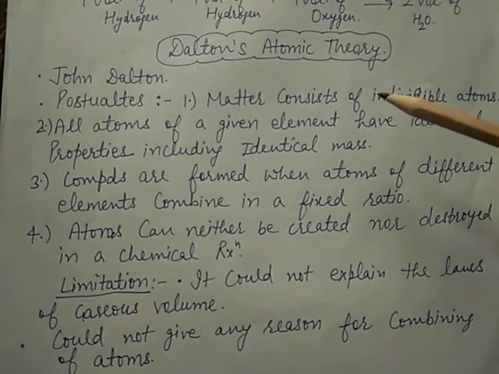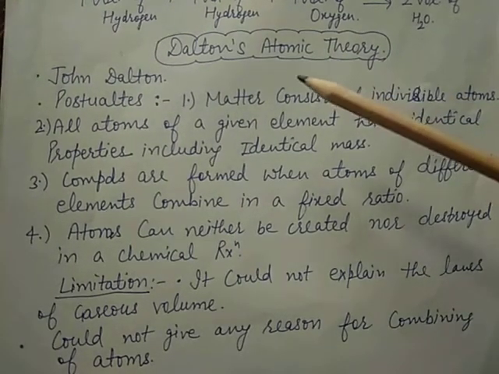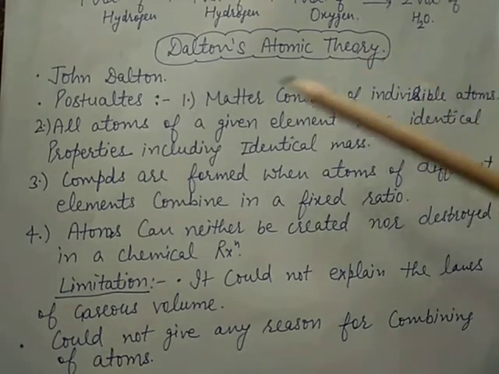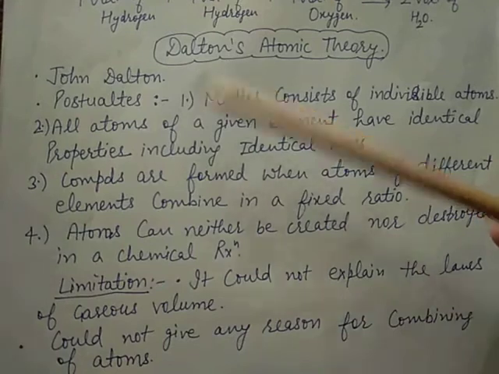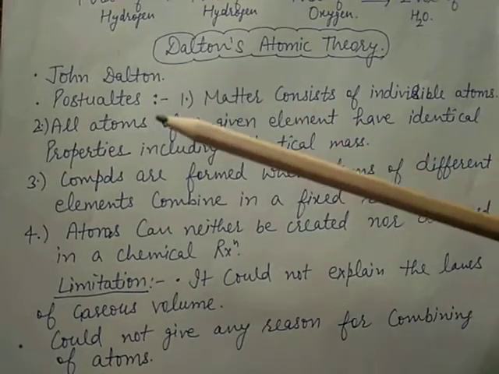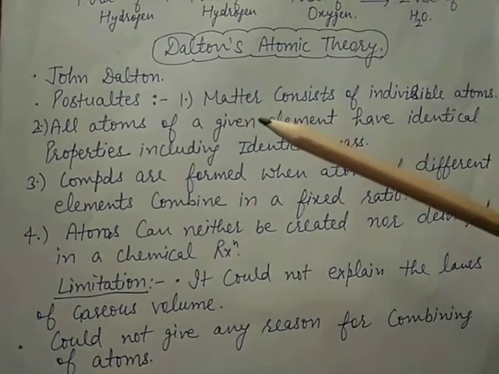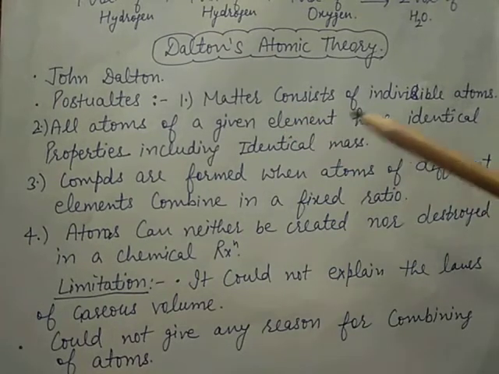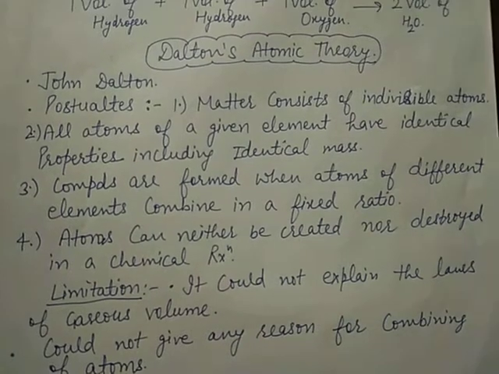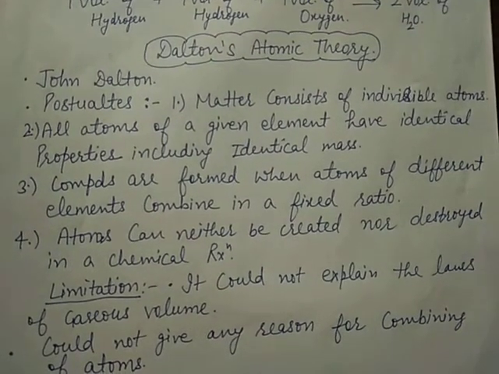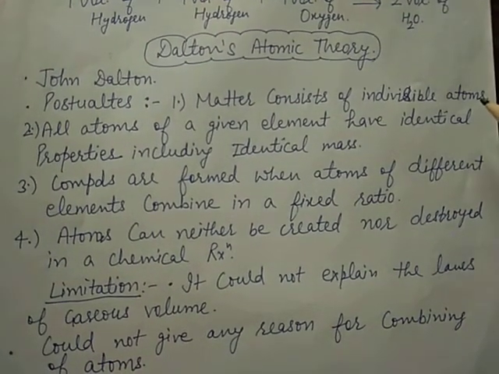Now next is Dalton's atomic theory. This theory was given by John Dalton. The postulates of this theory: the first postulate is that matter consists of indivisible particles called atoms.